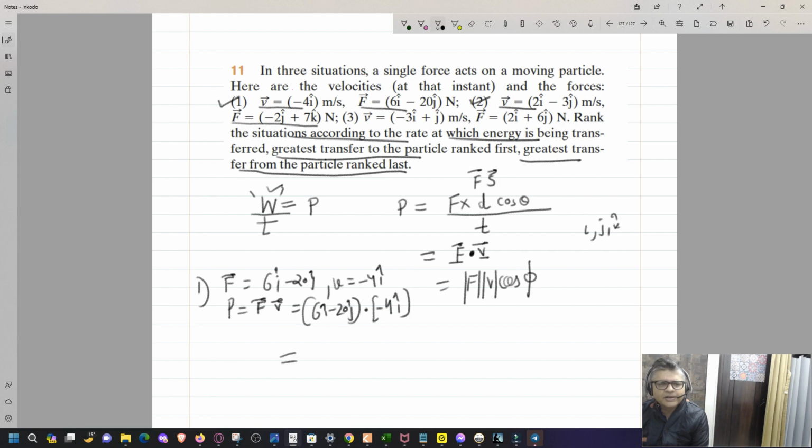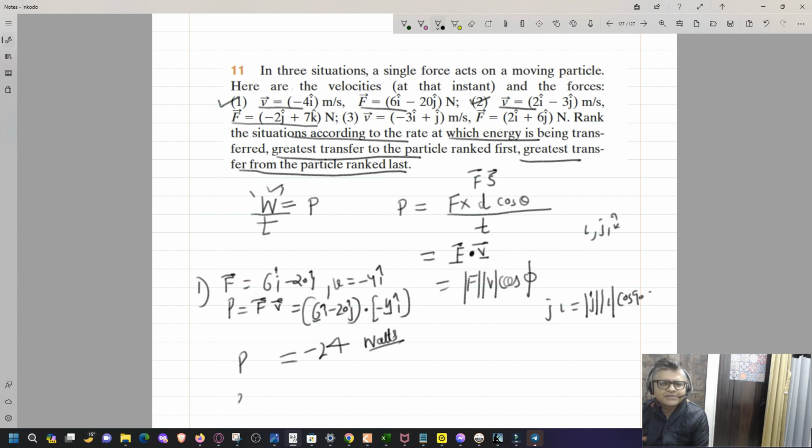So this will become 6 into minus 4, which is minus 24. I dot I will become 1. J dot I, okay, J dot I is modulus of J, which is 1, modulus of I, which is 1, cos of 90 is equal to 0. So essentially our answer is minus 24 power, right? So this is in watts.